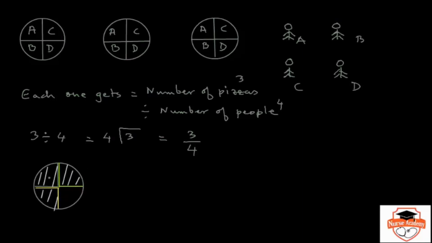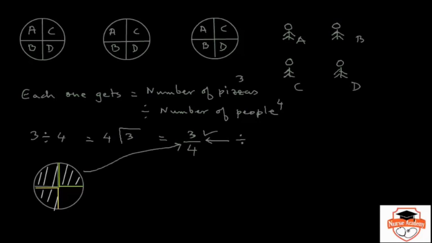And as you can see, this is 3/4 of a pizza. In other words, A gets 3 pizzas divided by 4 people. That's 3/4. And now if you compare this representation of A's share with this or this, you'll probably come to realize that the fraction bar that separates the numerator and the denominator is nothing but a division.